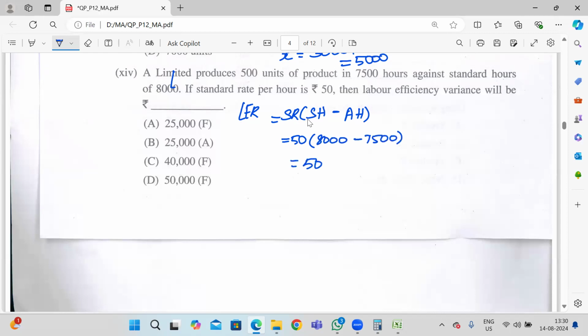So 50 into 500. So this is a straight question. 25,000. So here the answer is coming as favorable, so positive. So 25,000 favorable. If standard hours is less than the actual hours, that is, if it is 7,000 here, then my answer will be adverse. So here it is favorable.